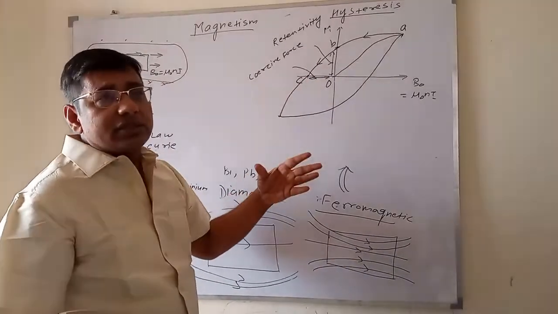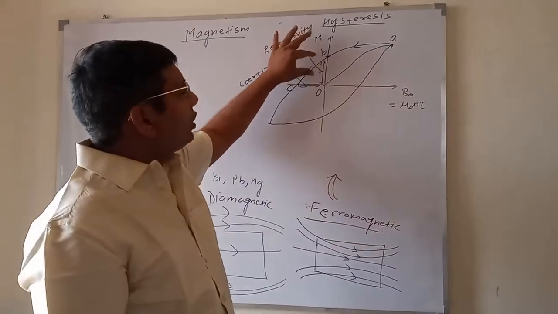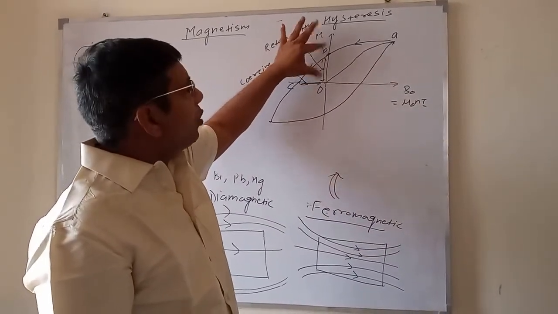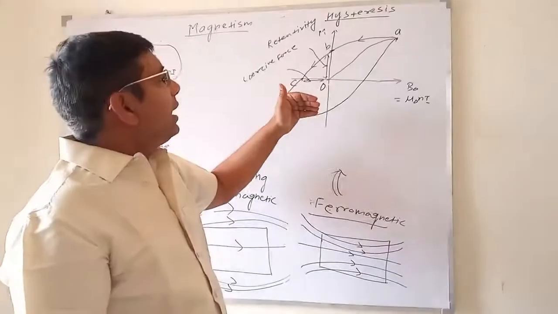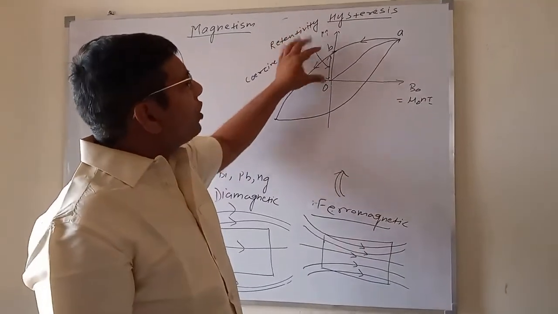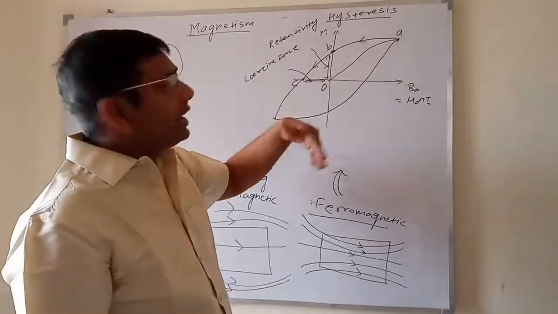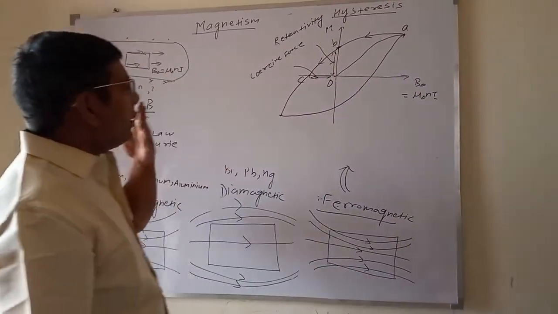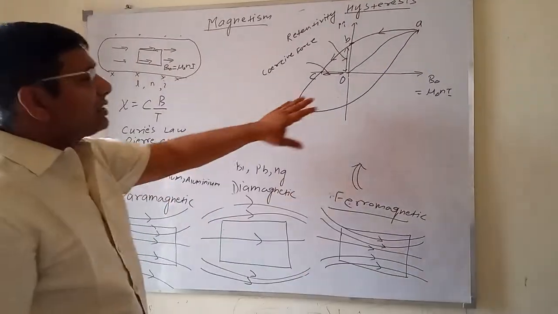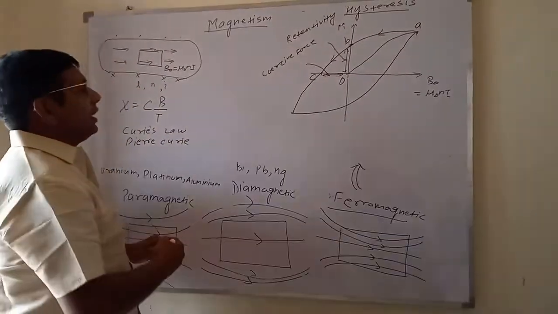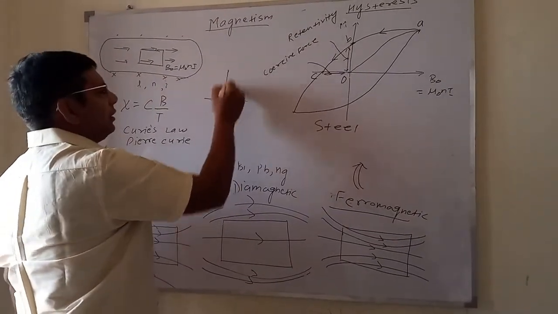It depends. If you want to make a permanent magnet, then you will try to make OB bigger and OC bigger. But if you want to make an electromagnet, you don't want retentivity. As soon as you remove the current, you don't want any magnetism there, right? So it depends. In the case of steel, you will get this kind of graph.